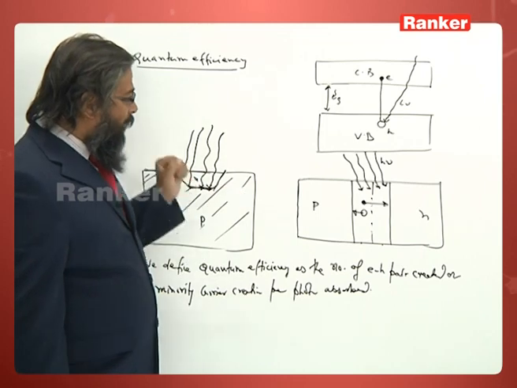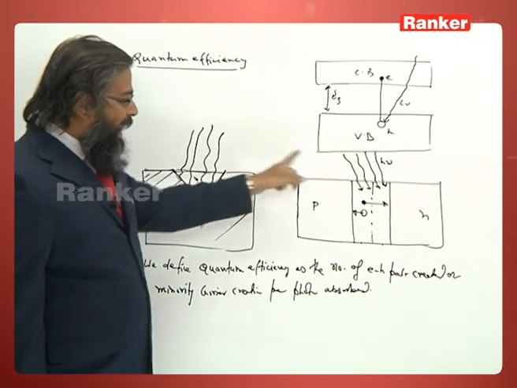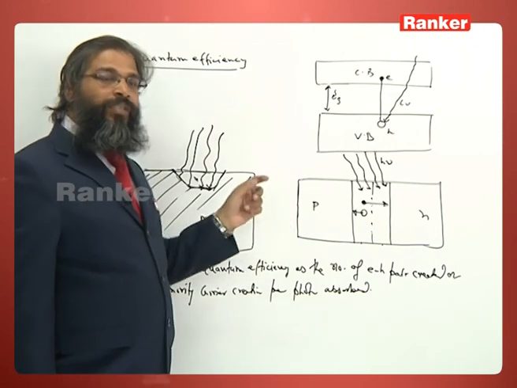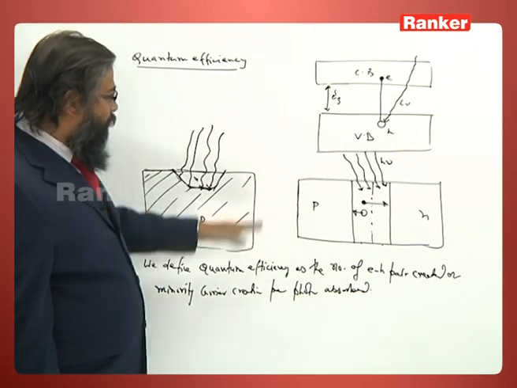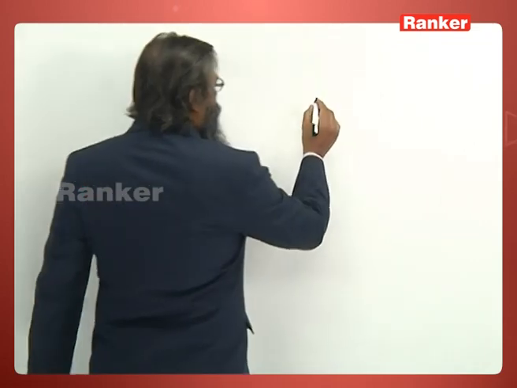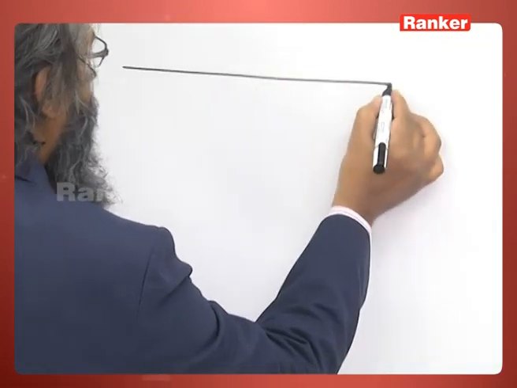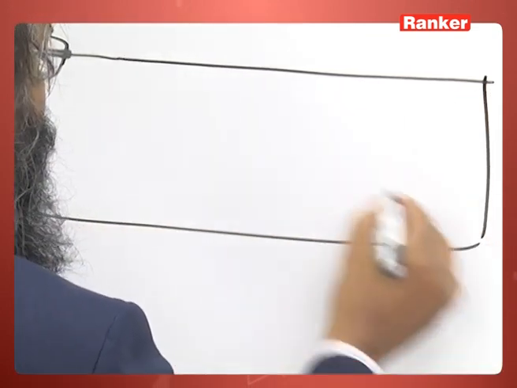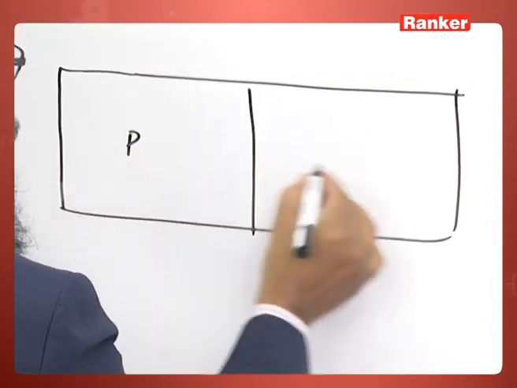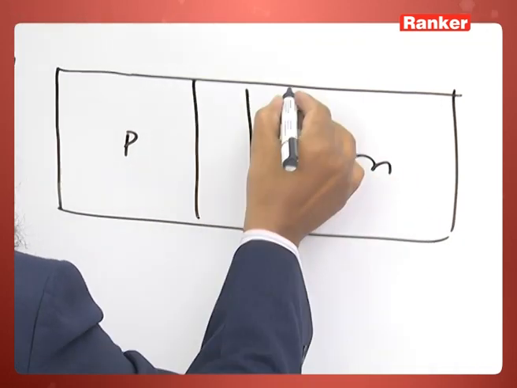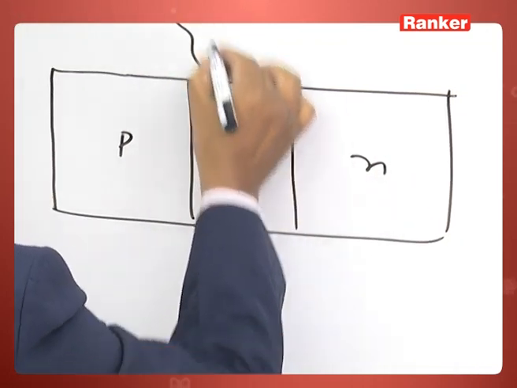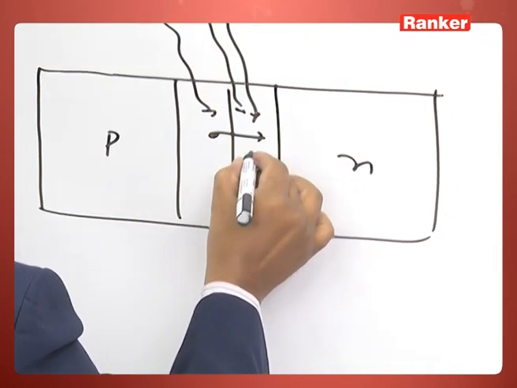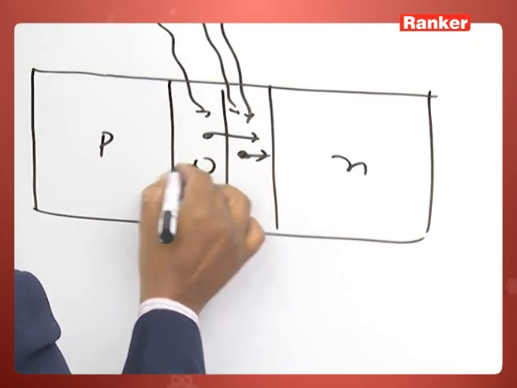Now, let us see, to operate this photodiode, it should always be reverse connected. Please take down this. So, this is our photodiode, and this is the P side, this is the N side. At the depletion layer, this light falls and electrons will migrate here and the holes will go like this.